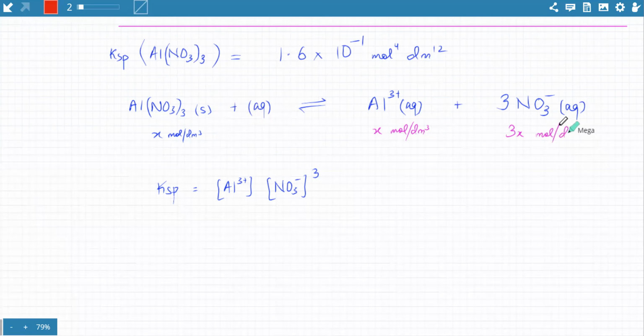Because if one molecule dissolves, one aluminum ion is produced, and three times that much NO3- ions would be produced. So in a saturated solution, if aluminum ions are x mole per dm cube, nitrate ions would be 3x mole per dm cube. And then the next part is you substitute these values in the expression over here.